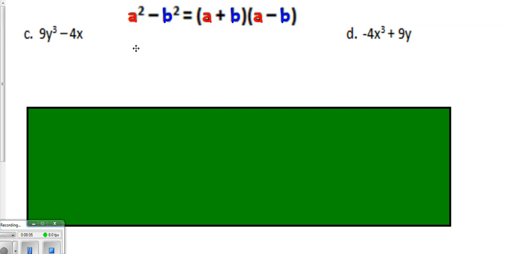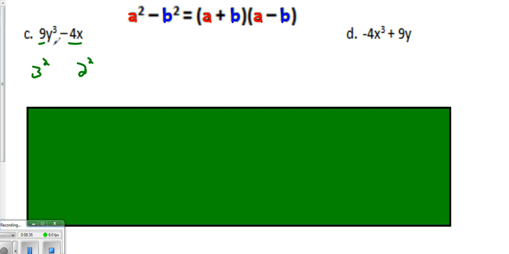Looking at these two examples, we can notice that in this case, we have 9 minus 4. Now, yes, these have a y cubed and an x with them, but we're just looking at the numbers at first. 9 we recognize as 3 squared, and 4 we recognize as 2 squared. So at first glance, we might be tempted to think, oh, we can definitely break this up into two things squared because we have those correct numbers.